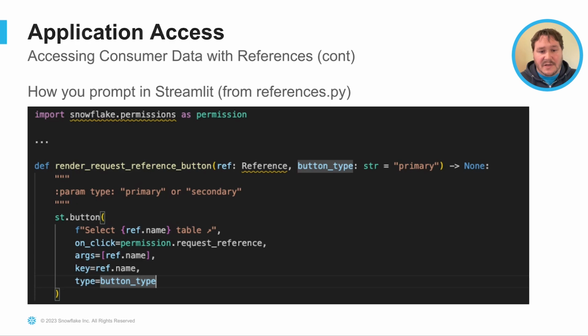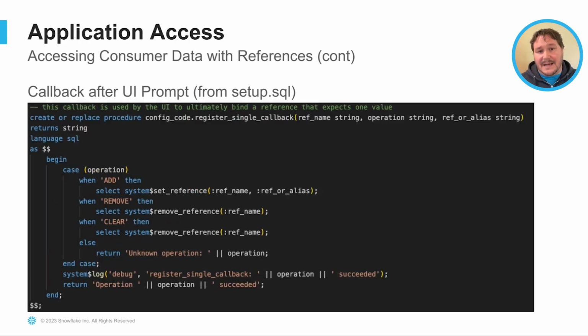You can see we're calling request reference to make that work. After the user has bound that reference, the next thing that happens is the UI is going to call your callback function, which I was talking about earlier. This is in our setup SQL file as part of the application. And this is the actual callback function that we have, and it looks relatively boilerplate.